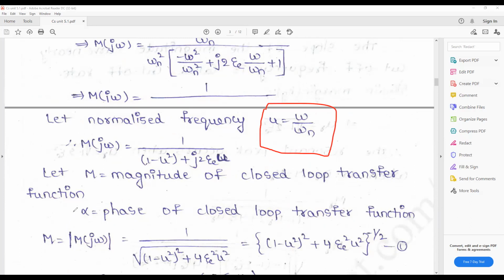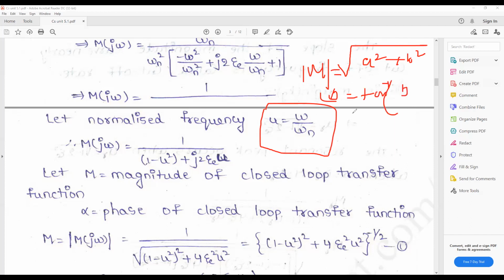Okay, so in this transfer function, what is the formula of magnitude? The magnitude is the square root of a square plus b square. What is the phase angle? The phase angle is tan inverse of b by a.